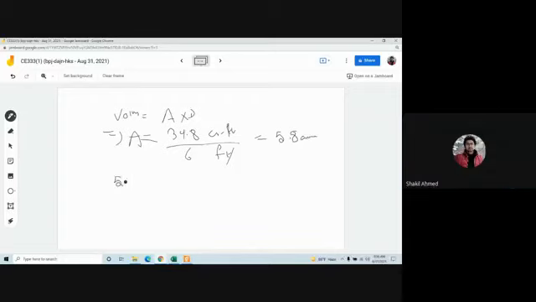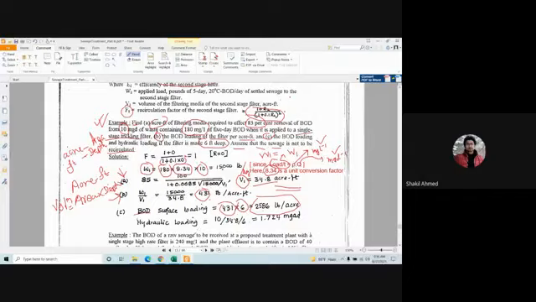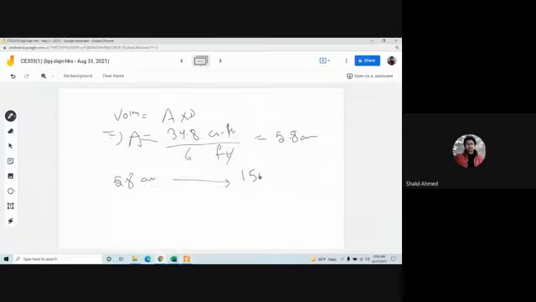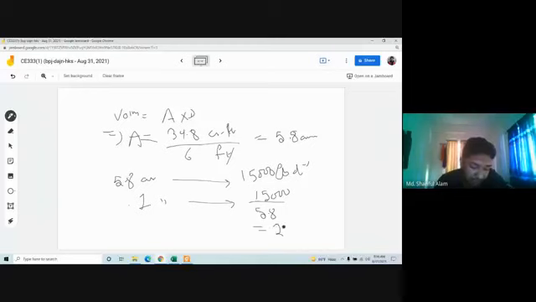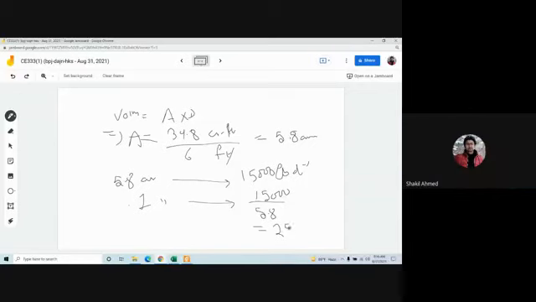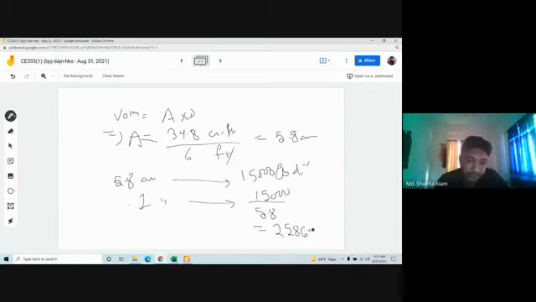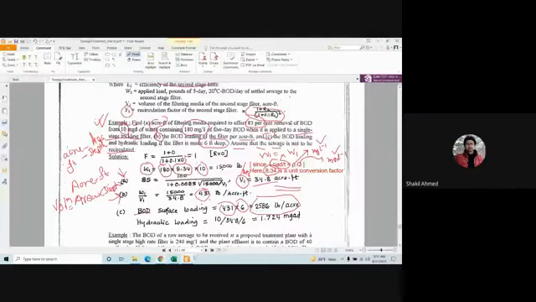So in 5.8 acre, how much load are you applying? You are applying 15,000 pound per day. So in 1 acre area, you are applying 15,000 divided by 5.8. Tell me the value, please. 2586.